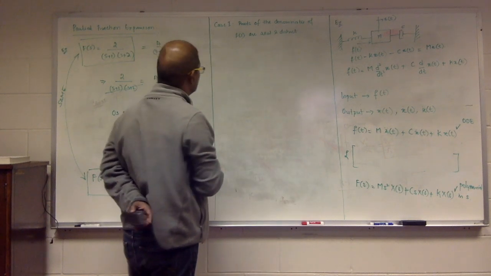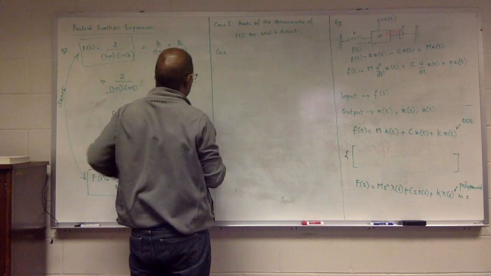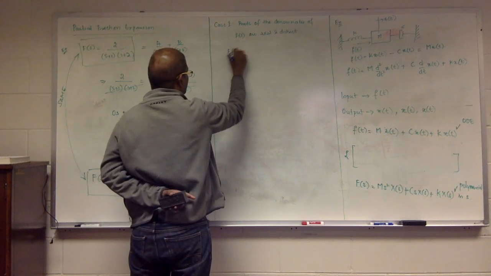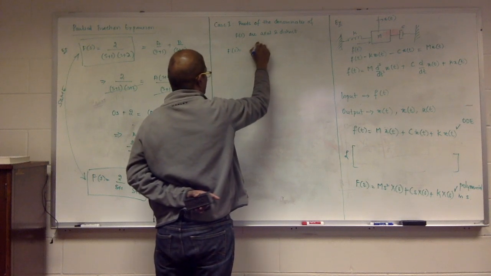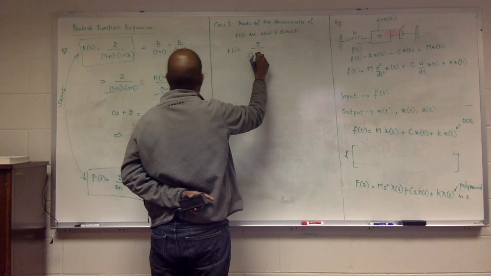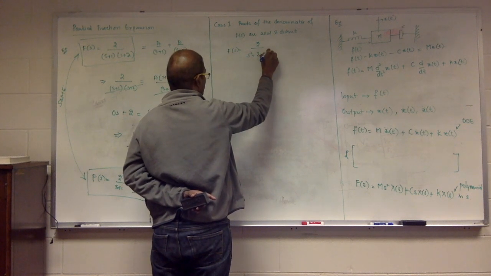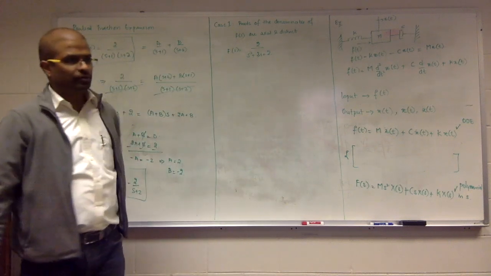Case 2, an example here is F of s is equal to 2 over s squared plus 3s plus 2. What are the roots of the denominator of F of s here?